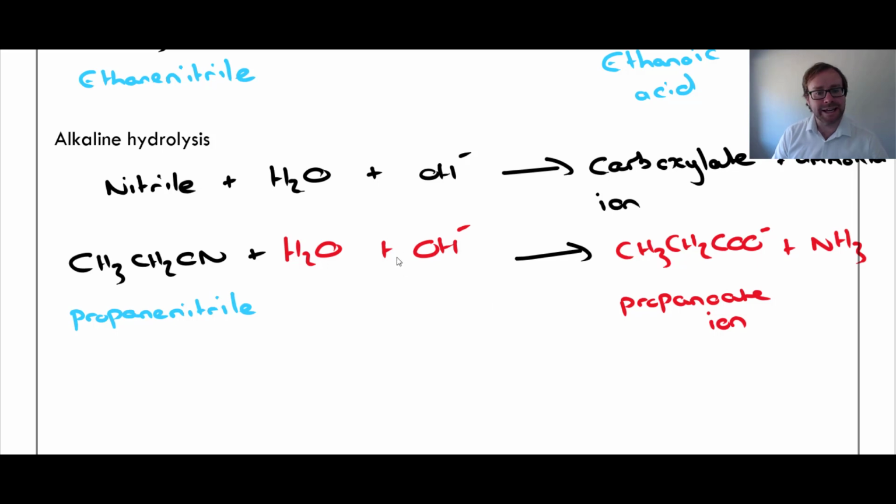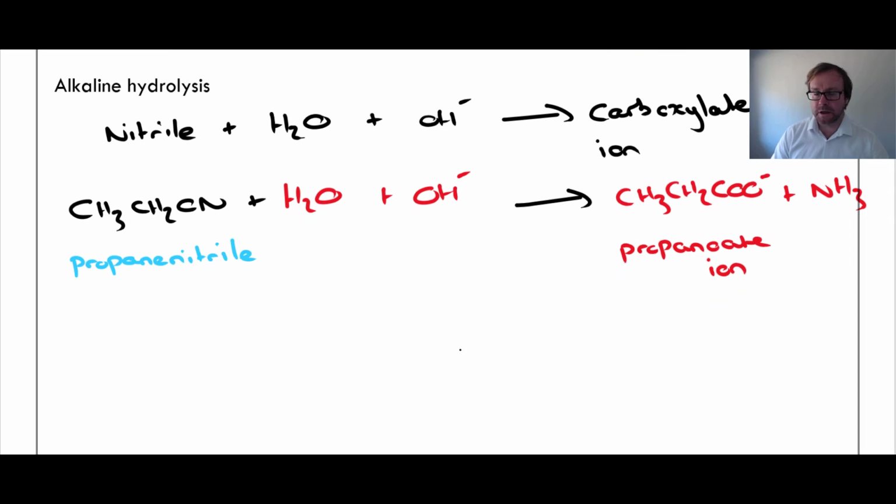However, I'm not showing the Na here, so sodium hydroxide. I just said it's a source of hydroxide ion. If I had been, we would have the Na plus on the end, and it would be sodium propanoate. Okay, so I've formed my propanoate ion.